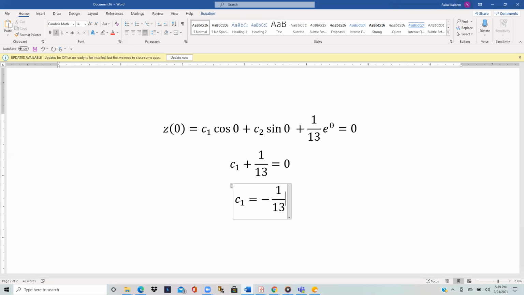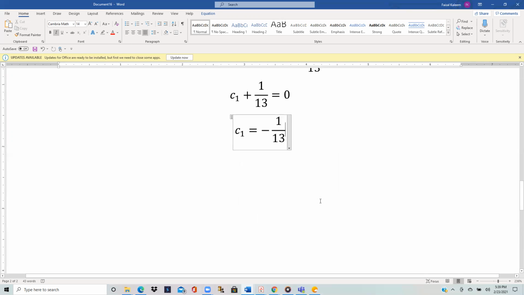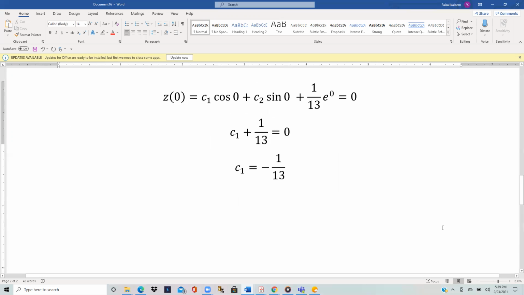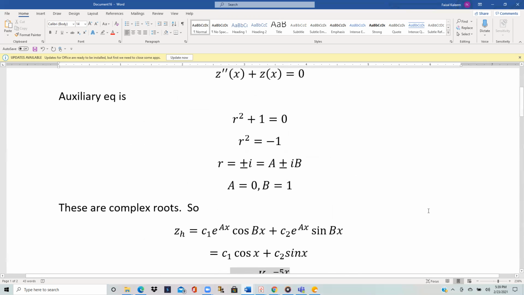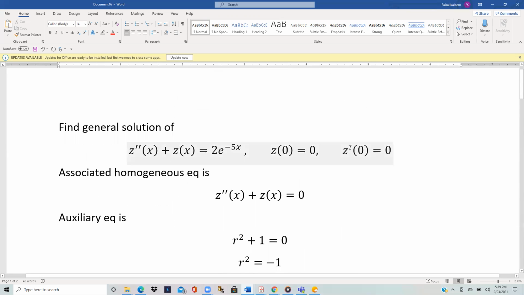All right, to find c2, we need to differentiate, because the second condition is the derivative of z at 0.